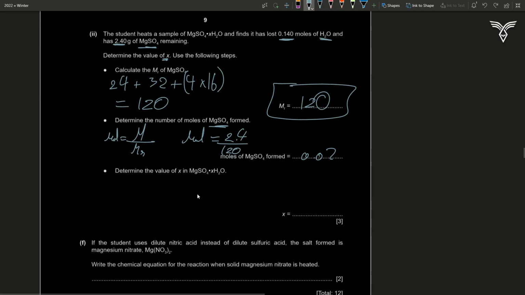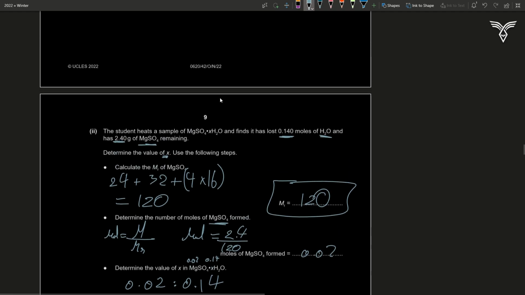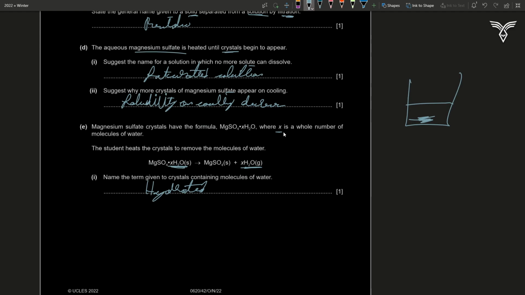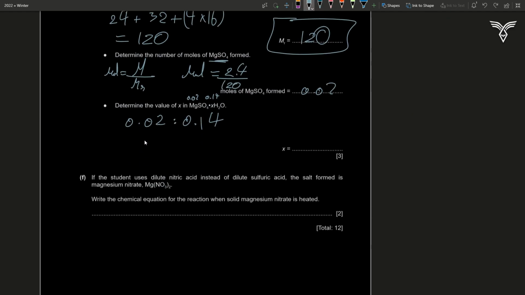Here the question says you have 0.14 moles of H2O, and we know we have 0.02 moles of MgSO4. So the ratio I have is 0.02 to 0.14. But I want it in a whole number, because he says where x is a whole number, so I'm going to find the ratio between them.